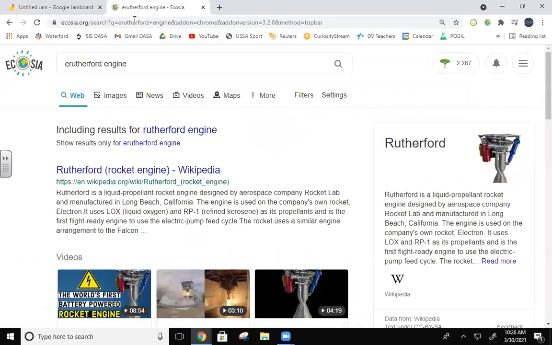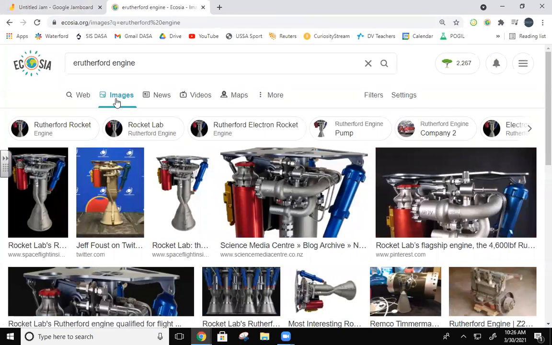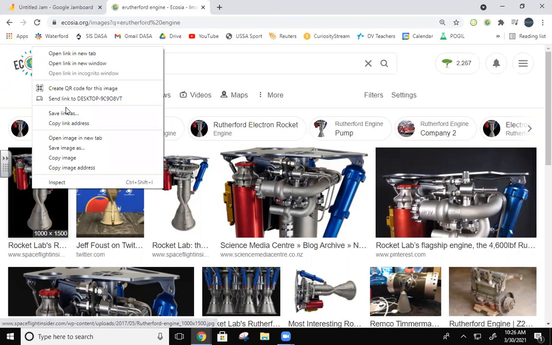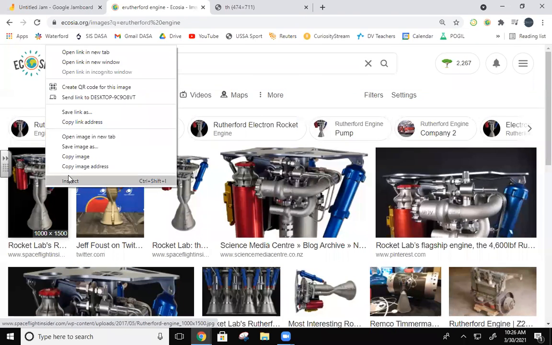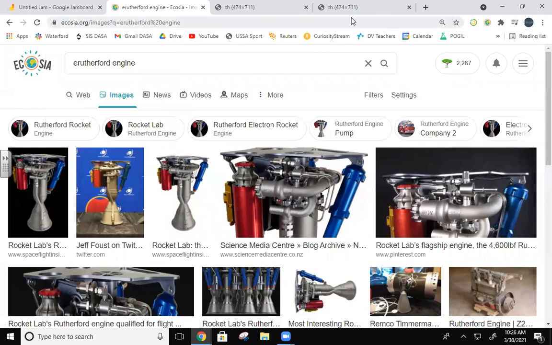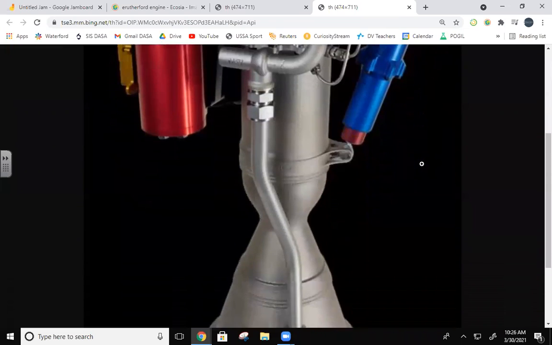Who did their launch vehicle report on the Electron in here? A few of you. So you may recall that the engine for the Electron, the Rutherford, is kind of special.